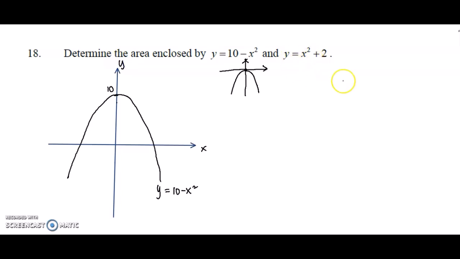And y equals x squared plus 2. You know that the curve of y equals x squared is a curve opening upwards, and it passes through the origin. So now it is x squared plus 2, so you shift your graph upwards for 2 units. So the second curve will become like this.